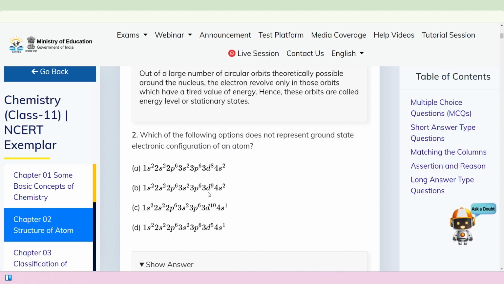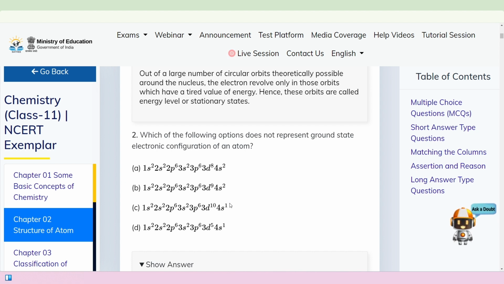We cannot follow the ideal condition for this configuration because if we put one electron of s in the d, that would result in a d10 configuration, and that is a stable configuration, right? And also, the 4s will have a half filled configuration, which is again a stable one. But we don't have any stability for half filled orbital of 4s because there is no exchange energy present there.